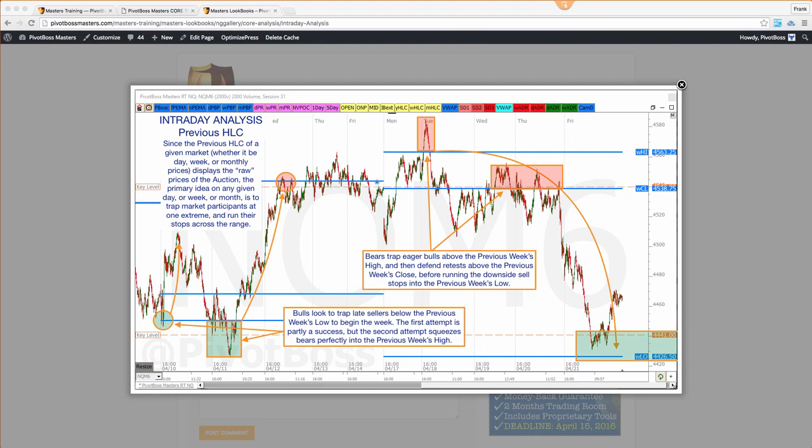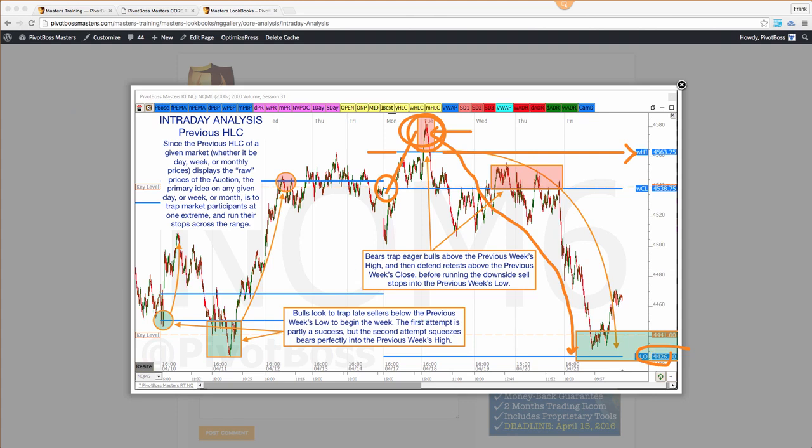Over here, the same thing happens. So now price closes near the highs after the recent move. The first move above the previous week's high is a call to action for bears looking to trap those bulls. And if they're successful in trapping, their goal is by the end of the week to get it all the way back to the previous week's low.